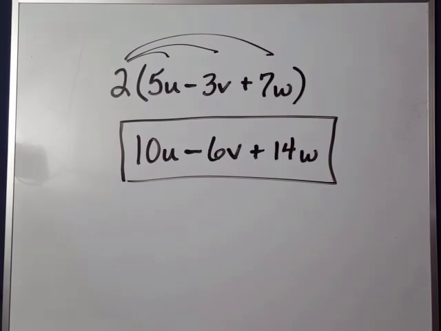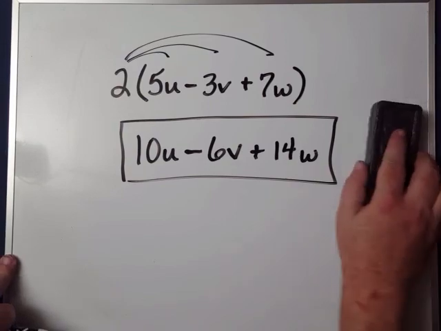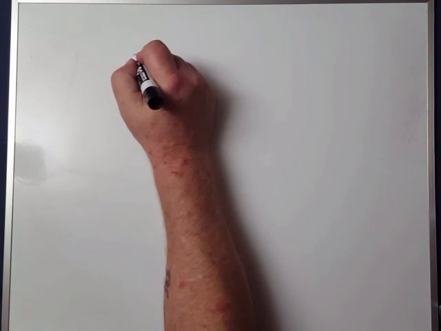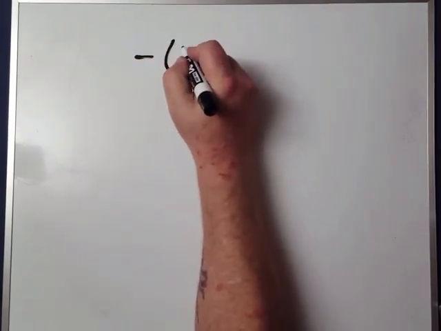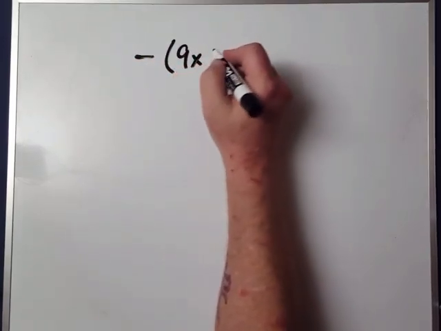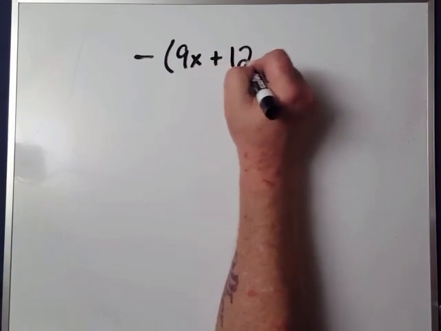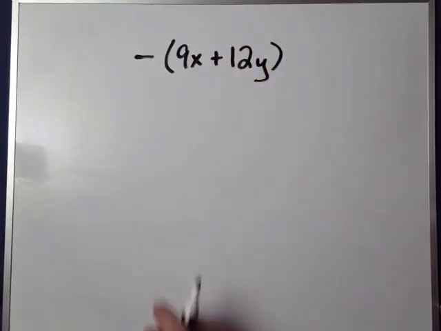Number 92. 92 is also a distributing problem once we recognize what we're looking at. Negative, the quantity 9x plus 12y. I want to simplify.